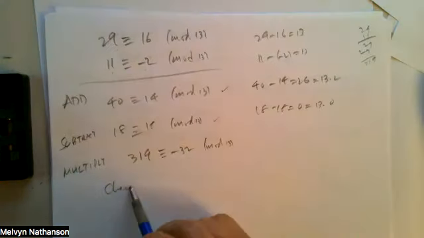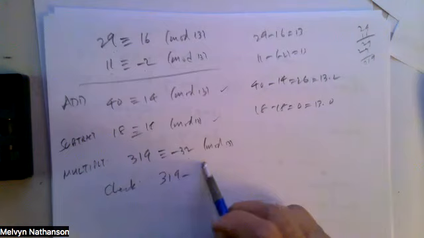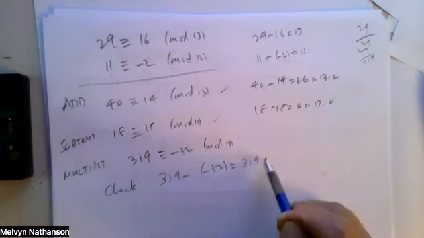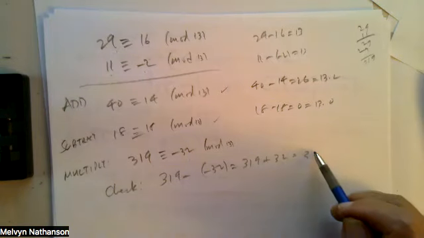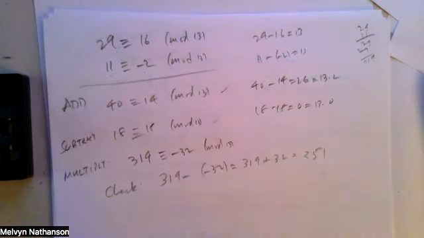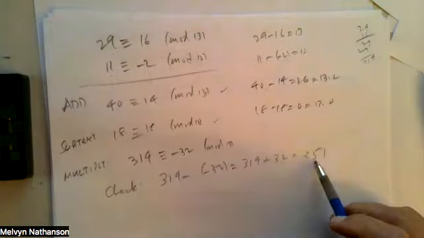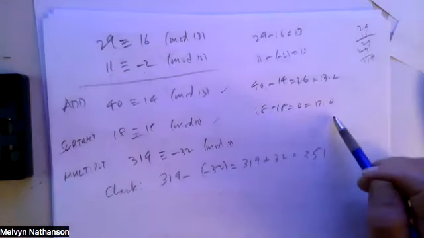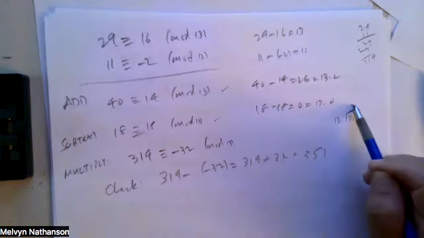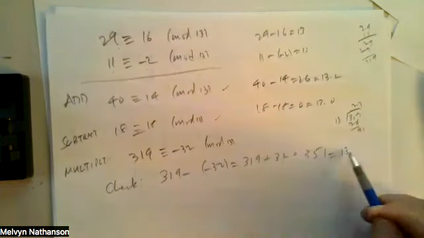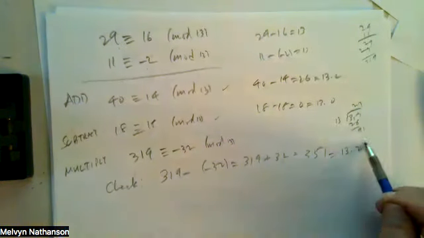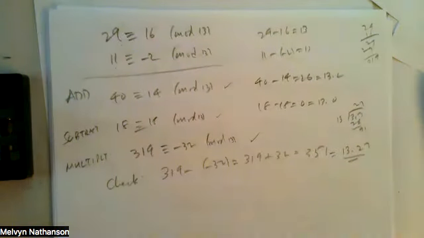Let's check. 319 minus minus 32 is 319 plus 32, which is 351. Is this divisible by 13? Let's see. 13 into 351 goes twice, 26, 91, 7. This is 13 times 27. So this is also correct.